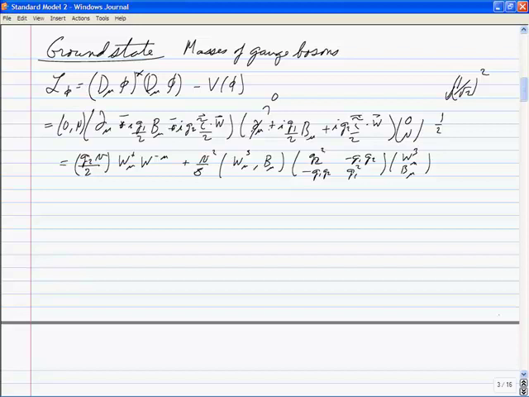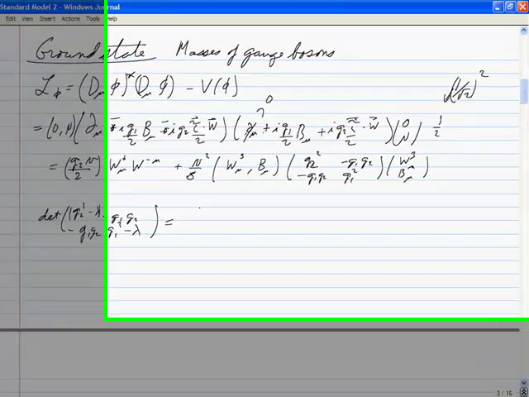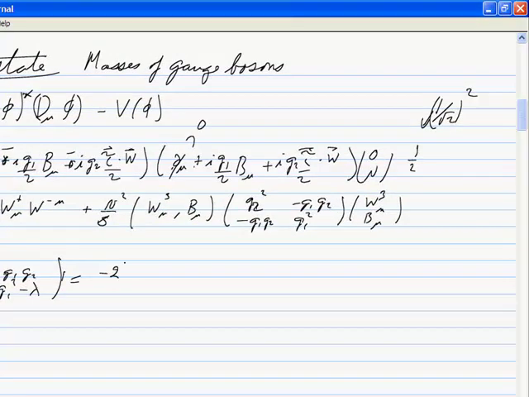So if I take the determinant of, well, if I do G2 squared minus lambda, G1 squared minus lambda, minus G1 G2, if I take that determinant, this turns into minus lambda times G1 squared plus G2 squared plus lambda squared. And actually there's no 2 there. Right.